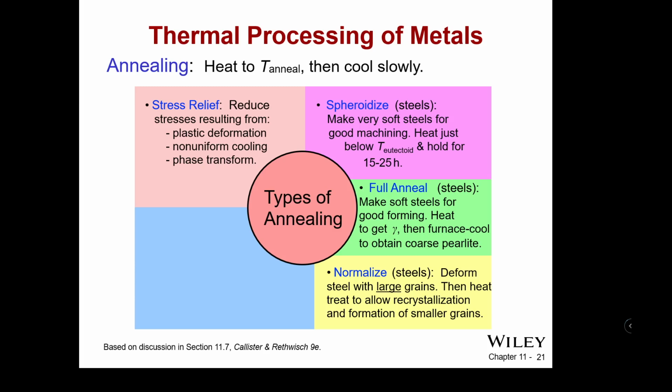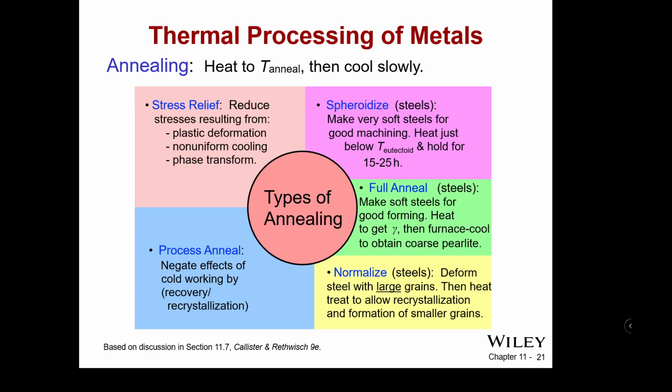Normalizing the steel, so this is deforming the steel with large grains, heat treating it to allow recrystallization and formation of the smaller grains. That can be important for machining operations. Process annealing negates the effects of cold working by recovery or recrystallization.